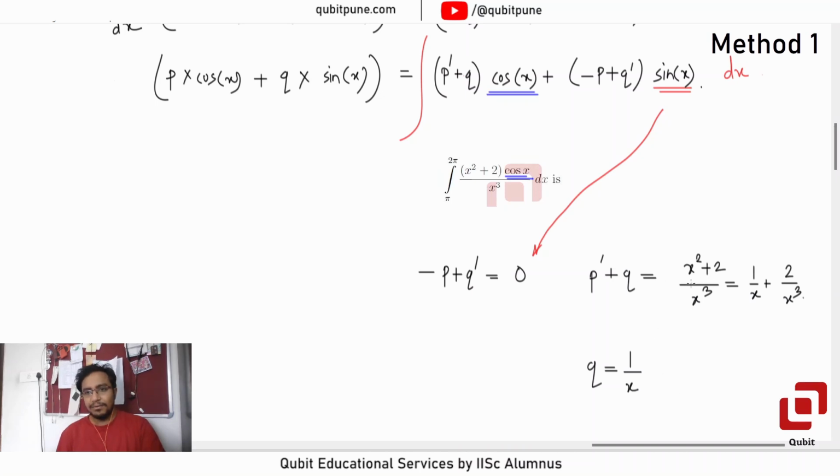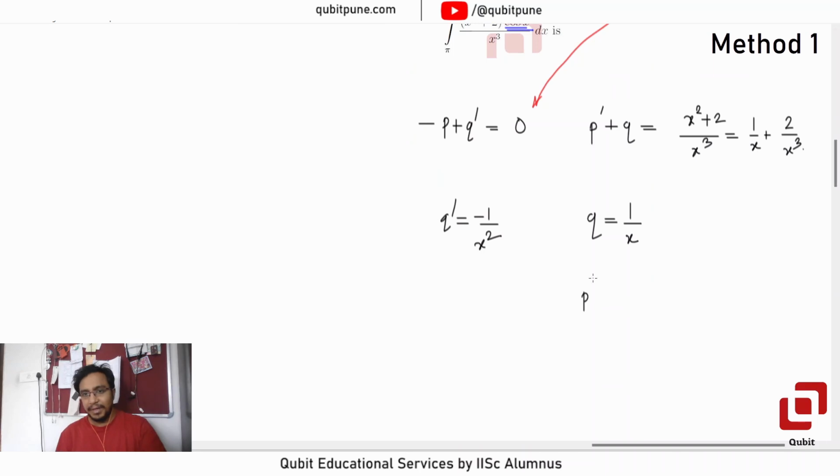If we take p dash as 1 upon x, then p will be log x, and we don't want that because log x doesn't appear here, and there's no chance that a rational function will cancel log. So if we assume q is 1 upon x, q dash will be negative 1 upon x squared. Then p dash would be 2 by x cubed.